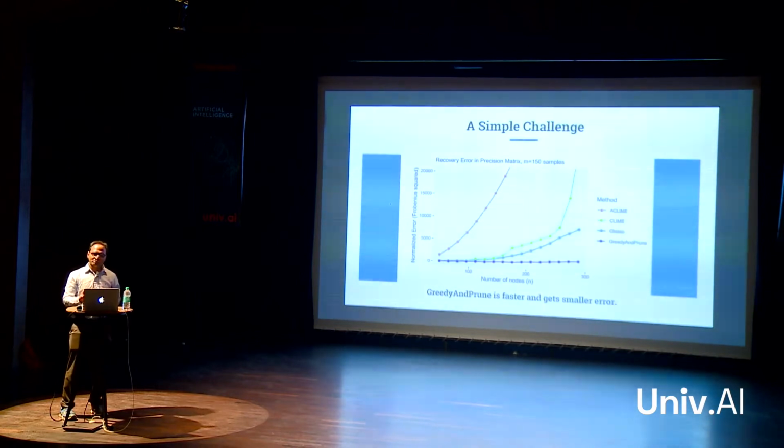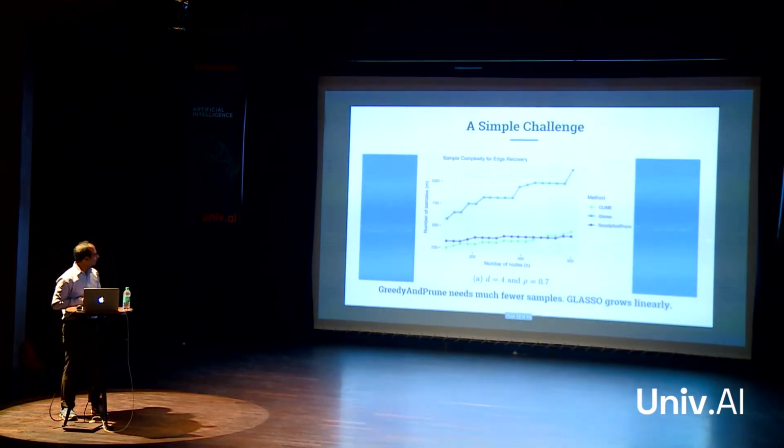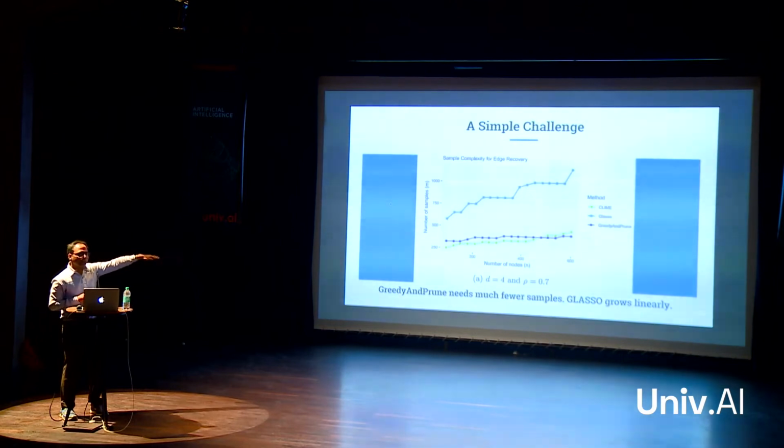And another way to think about this is that our goal, as I said, is to minimize the number of samples you need to learn the graph. So let's ask, okay, I want to learn the dependency graph maybe within 75% accuracy. I don't really care about getting 100% accuracy. How many samples do you need? And here again, greedy and prune, our method, does much better. So you can see that the number of samples required to get this prefixed accuracy for the method is really flat with the dimension.